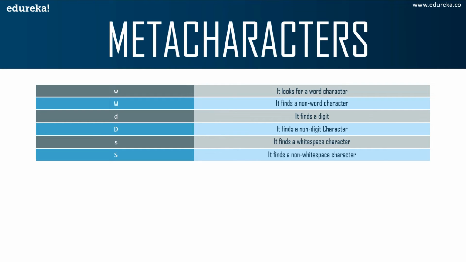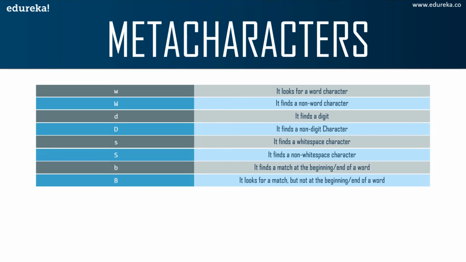So basically, it will match everything else other than the white spaces, whereas the small letter one will only match the white spaces in your string. Then we have the small letter b and capital letter B. The first one finds a match at the beginning or the ending of a word, whereas the capital letter looks for a match but not at the beginning or end of the word. It basically matches anywhere in the string.